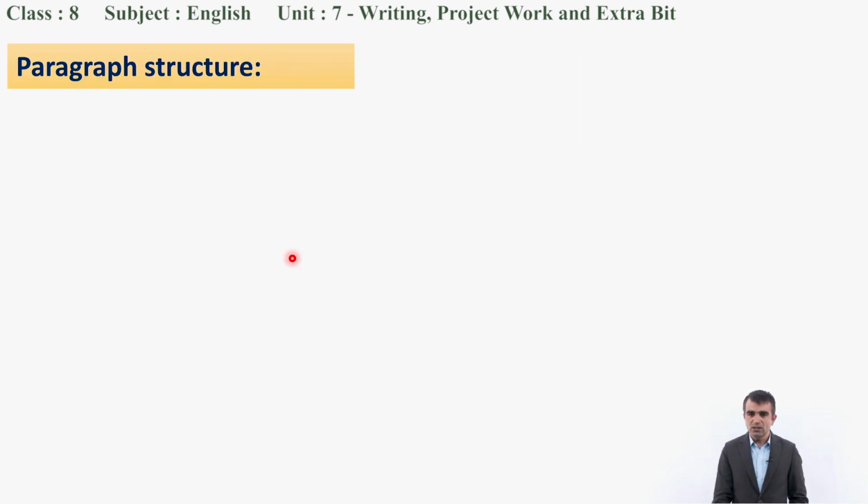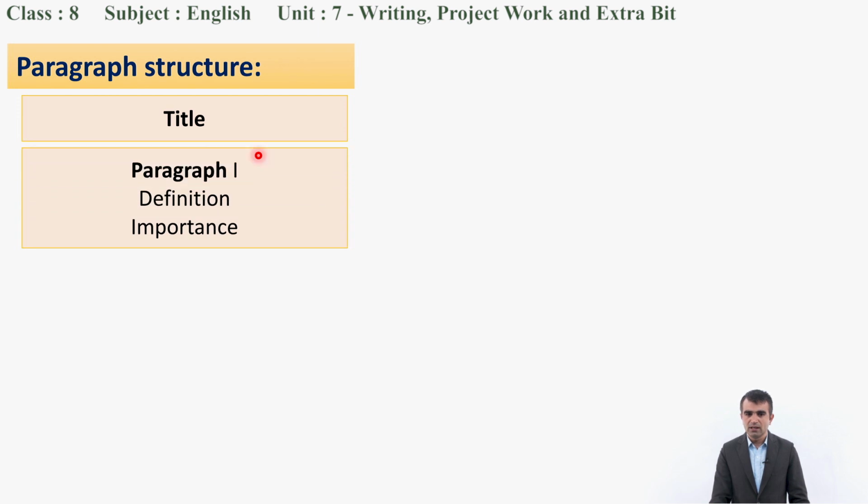Now go back to the question, the guiding questions, and how you can include these guiding questions in paragraphs. Make a structure. Now for paragraph structure, I have suggested you can write the title on the top, and then paragraph 1, definition and importance.